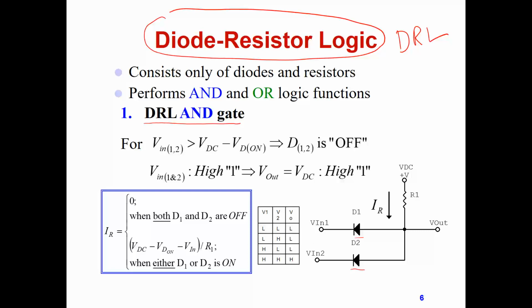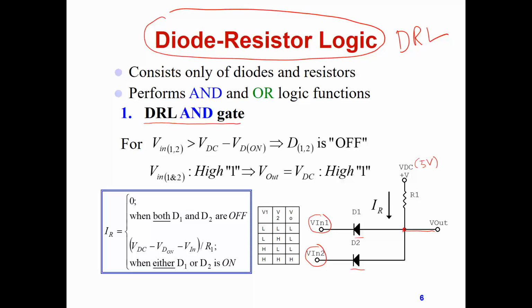Those diodes are connected in this fashion, and we have here the first input and the second input of the AND gate. They are connected to a resistor R1, which is connected to a voltage here. Typically, we assume that this is 5 volts, and the output is pulled from the node where the resistor and the diode meet, as shown here.